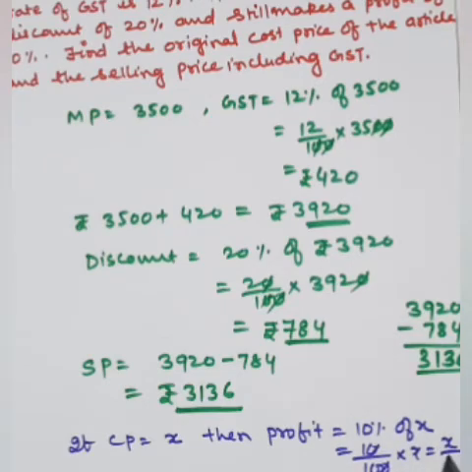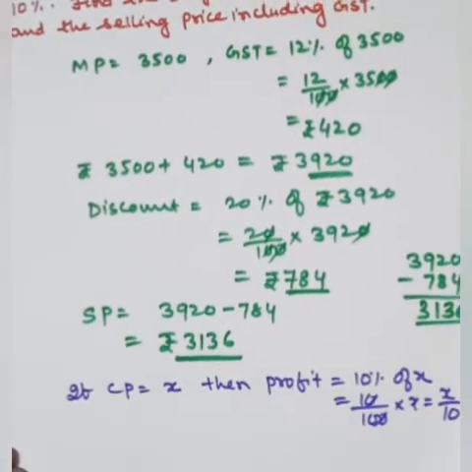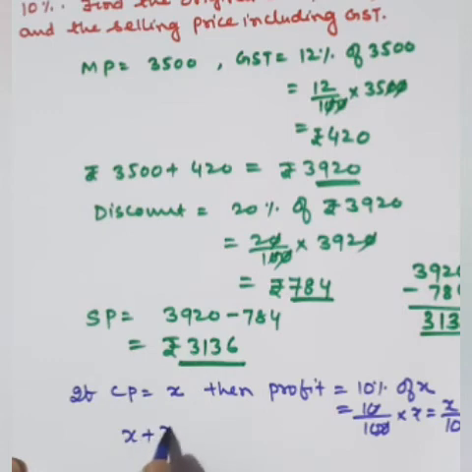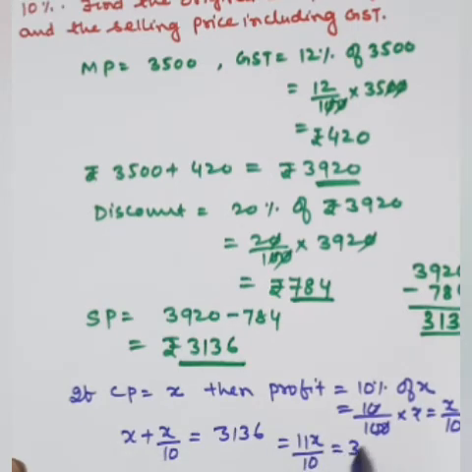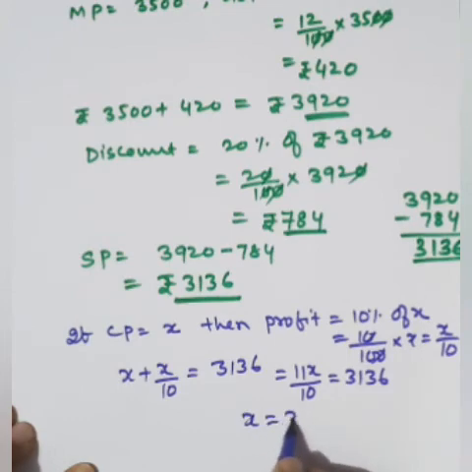This is equal to X by 10. And selling price will be equal to CP plus profit. This you all know. So X plus X by 10 is equal to 3136. So here 10x plus x, 11x by 10 is equal to 3136. So x will be equal to 3136 into 10 by 11.